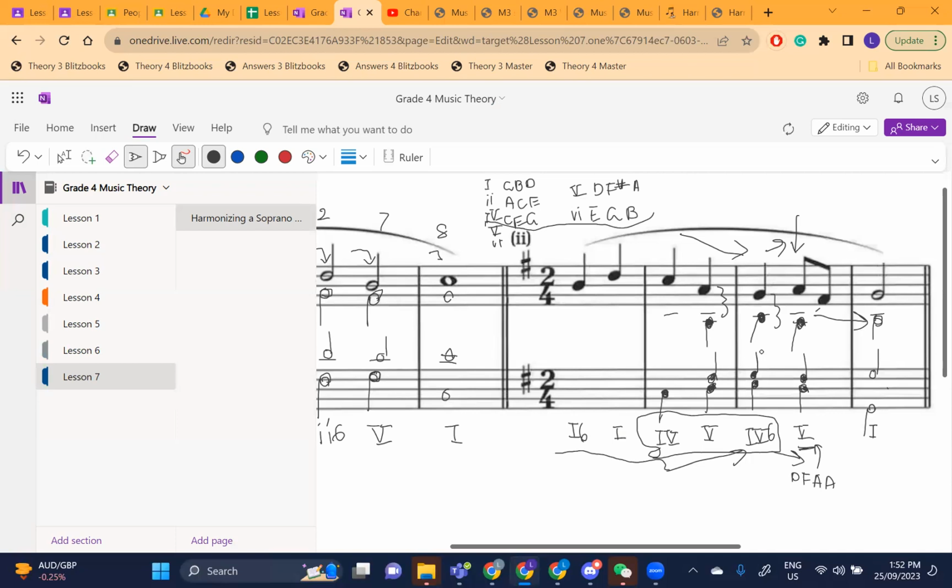You don't want to double the same note in two consecutive major chords. Otherwise, you're still going to create consecutive fifths and octaves. So that means the only way to solve that is to change the chord. Got it.